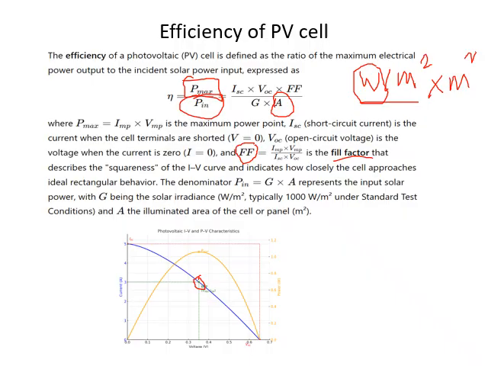So if I want to replace the IMP VMP at the maximum power point, then I take their ratio as a fill factor, then I can express the outgoing power, the generated power, as ISC VOC multiplied by FF, right? So eventually this and this will cancel out, so the remainder will again be IMP VMP. So this one is the fill factor. This is commonly used for describing the efficiency of a solar cell.